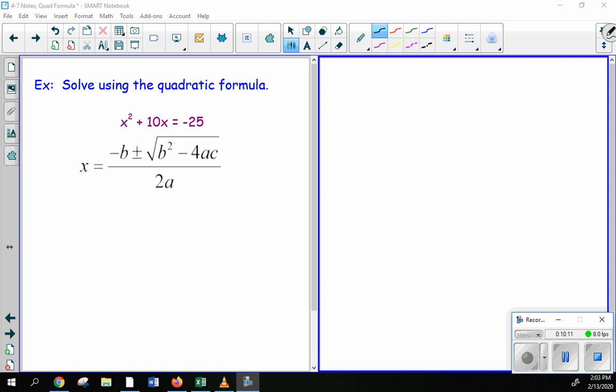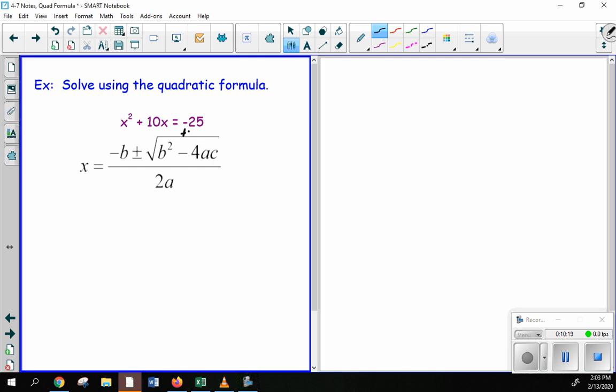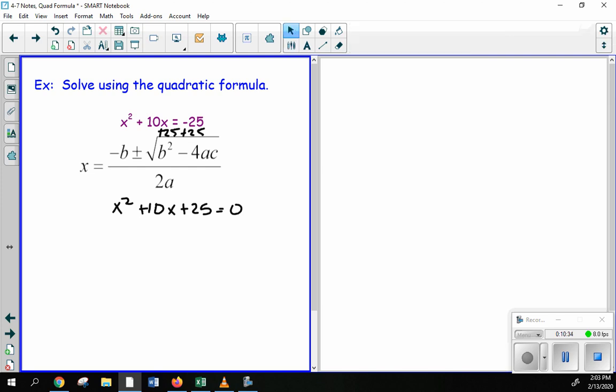Okay, so this one's not set up correctly. What do I have to do to both sides before I can find the ABC? Yep, add 25 to both sides. So I have x squared plus 10x plus 25 equals 0. My A value is 1, my B value is 10, and my C value is 25.